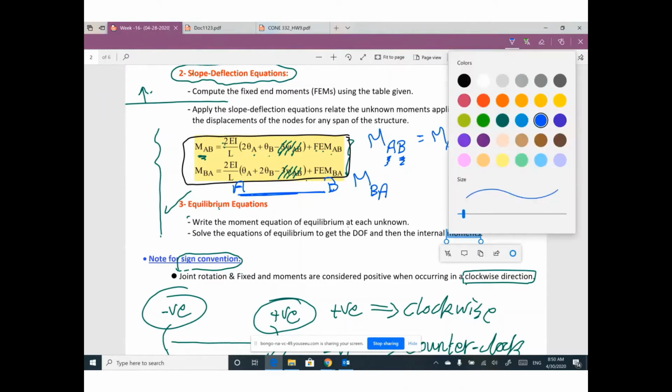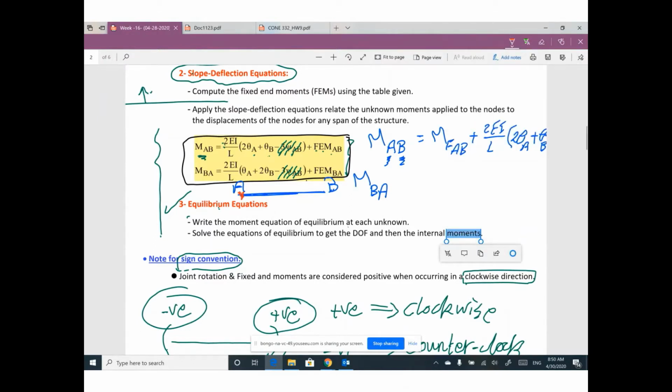So if you are looking for the final moment at this side, here is the final moment.